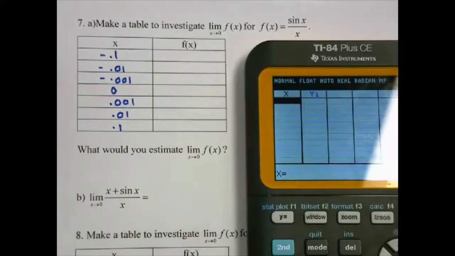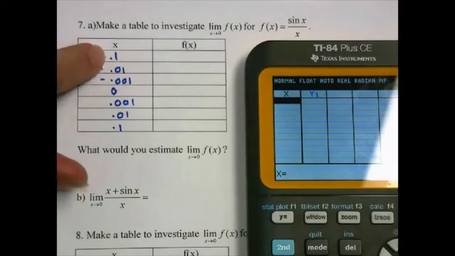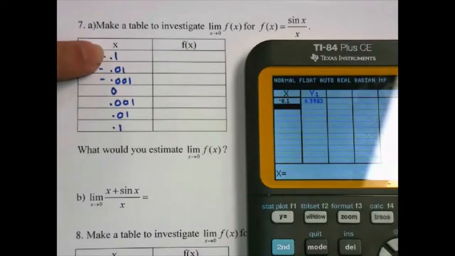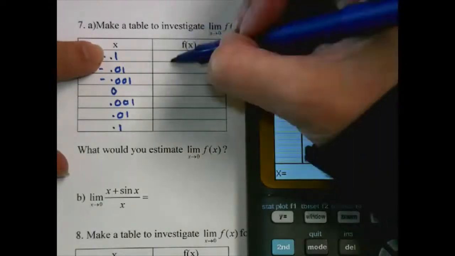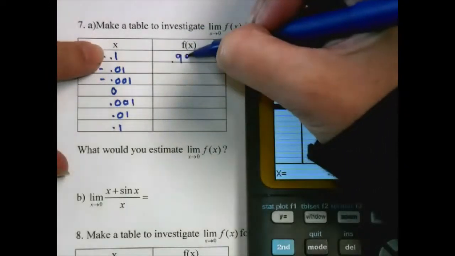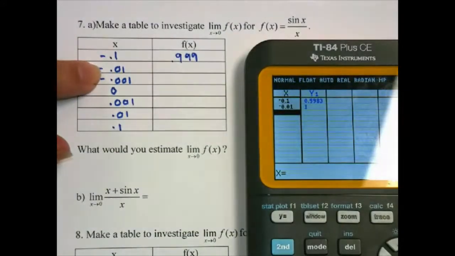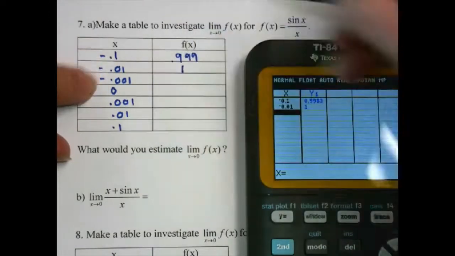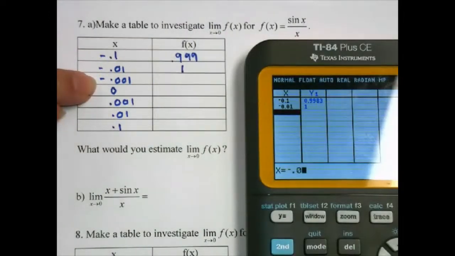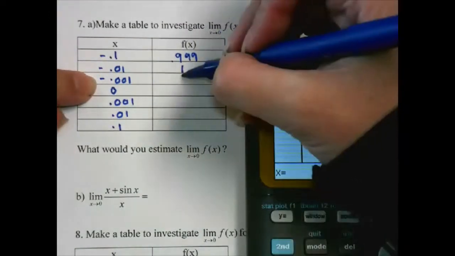So now if I go to the table, there's nothing there. But I can populate it. All right, what's happening at -0.1? And we type that number in, hit enter, and it gives me 0.999. Okay, what if I type in -0.01? It's giving me just 1. Okay, but -0.001, it gives me 1.